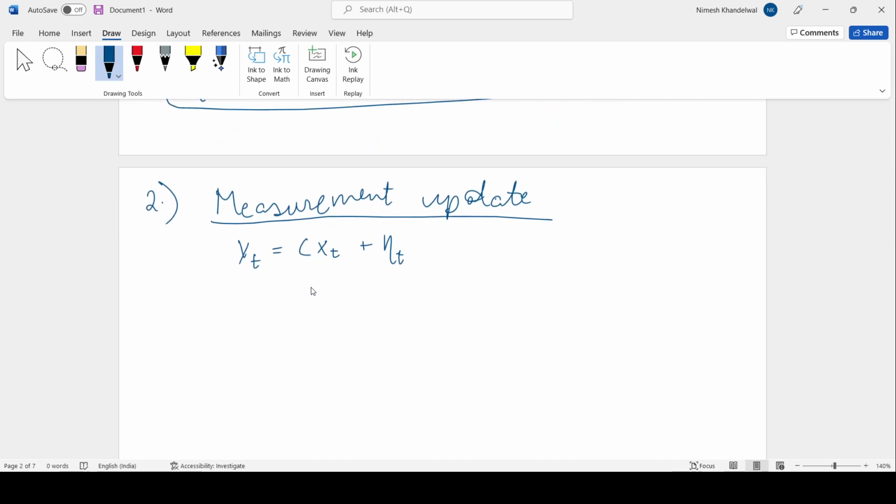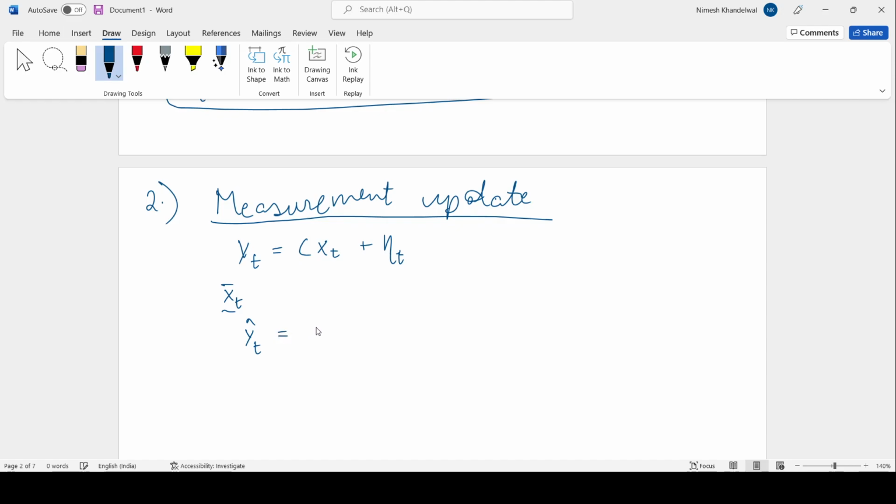So let us say that since I have a predicted value like this, what will be the mean measurement that I expect? I'm writing the mean measurement that I expect through this model.